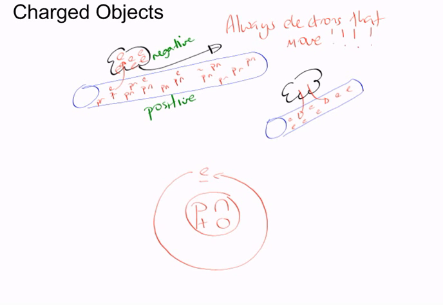So now we have a positively charged wool, and we now have a negatively charged rod. Okay, so we've got positive and negative. Now, that's how you create charged objects.